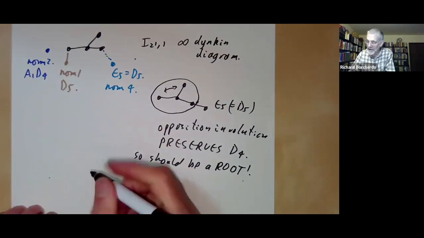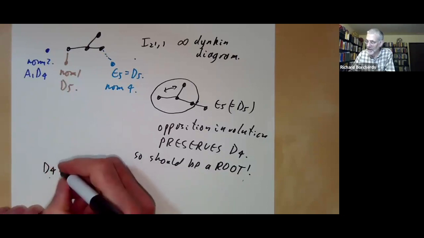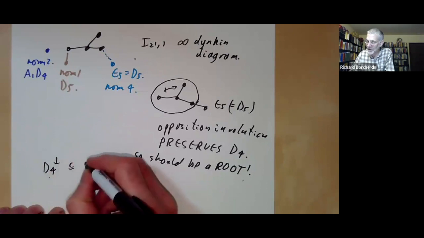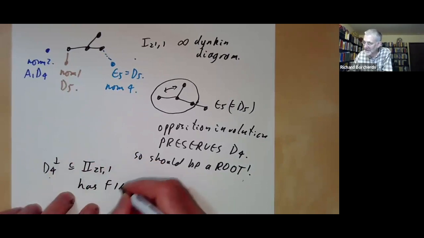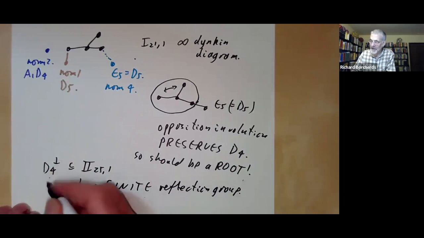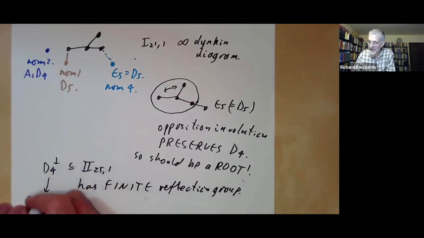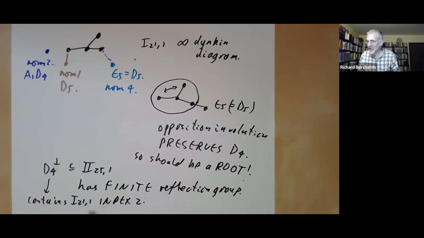The resolution of this is that the orthogonal complement of D4 in I25,1 does indeed have a finite reflection group, but this lattice contains I21,1 with index 2. So these two lattices aren't quite the same.